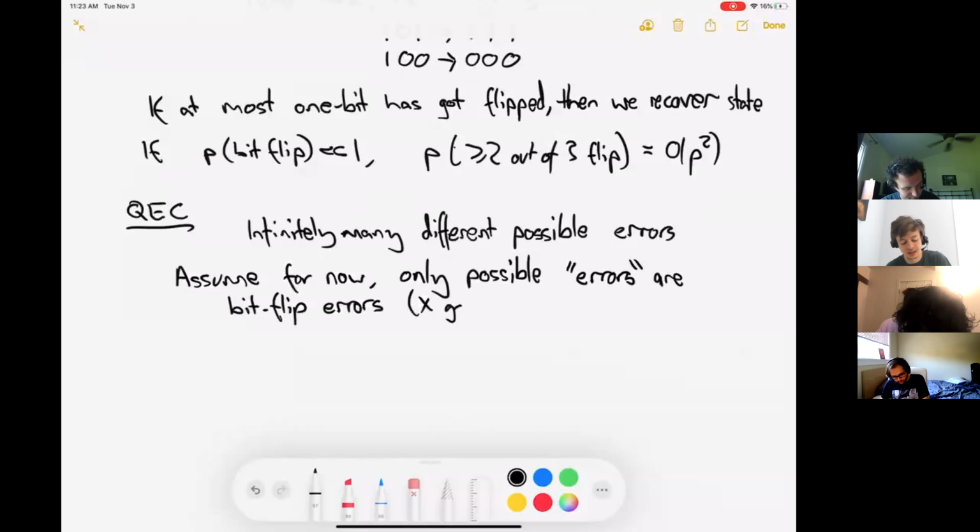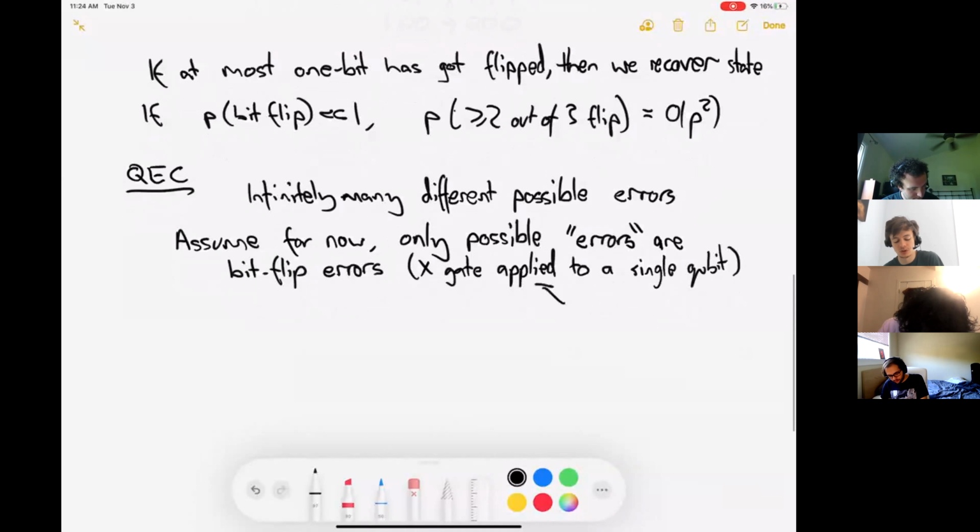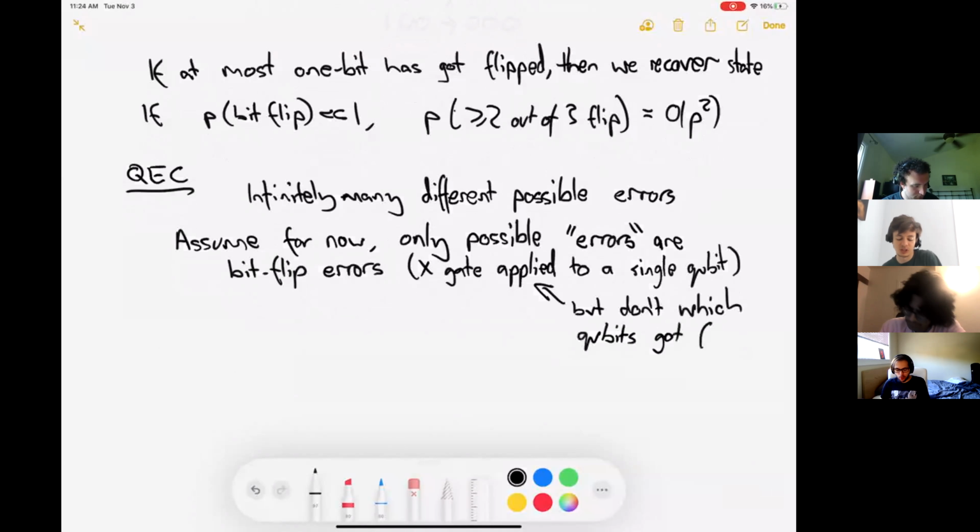An X gate gets applied to a single qubit. But of course, as with the classical thing, we don't know, this X gate is an error. It's not something that we deliberately applied. We don't know which qubits got flipped and which didn't.